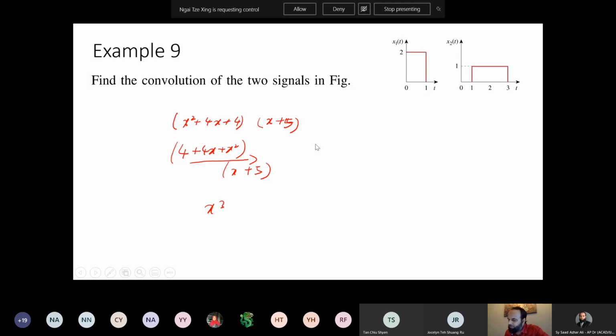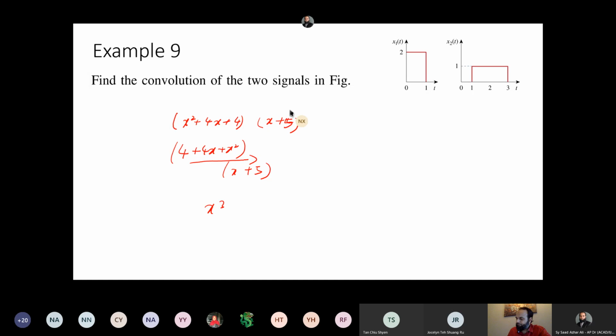Somebody wants to control? Okay, I allow you. You want to say something? No, sir, I just made a mistake. I was so excited. Sorry. No problem.